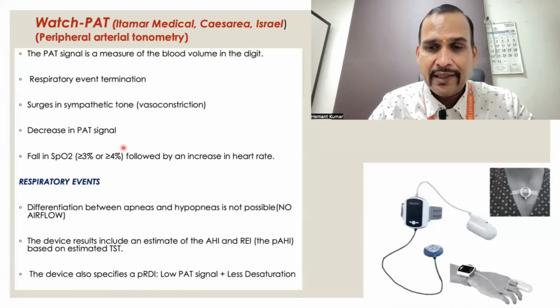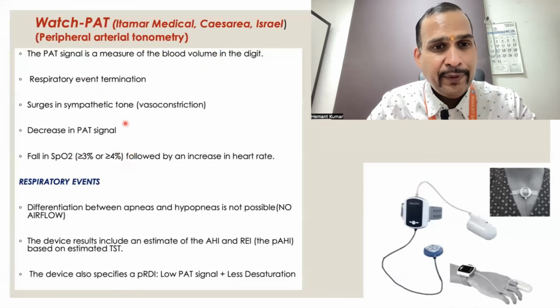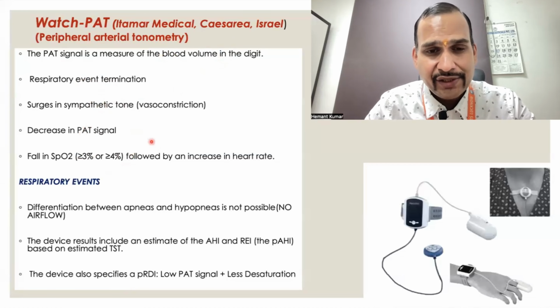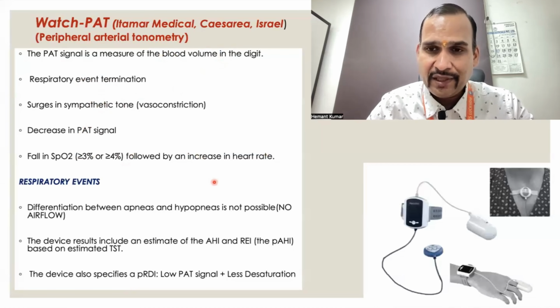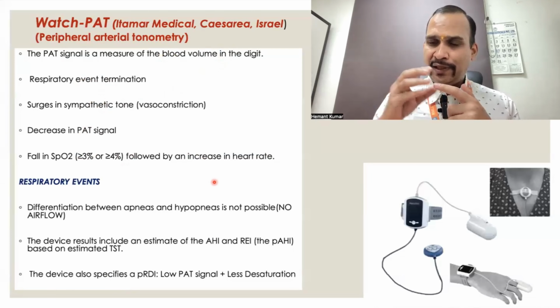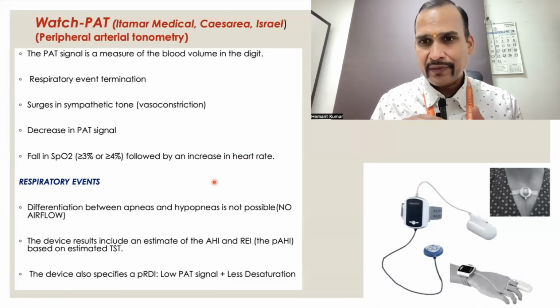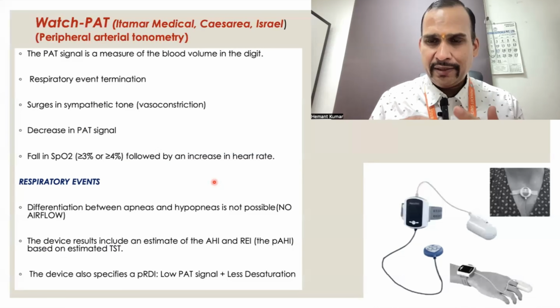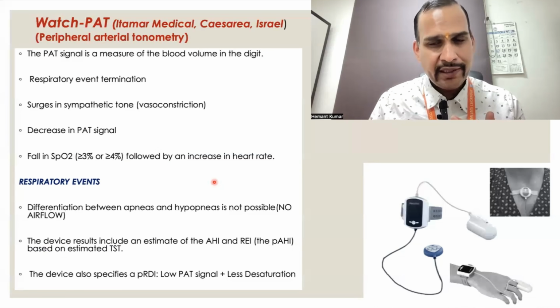When there is apnea, there is a fall in oxygen saturation, either 3% or 4%, and because of the adrenal rush, there's increased heart rate. So three things happen when apnea is there: reduction in blood flow because of sympathetic activity, increased heart rate because of sympathetic activity, and low saturation because of apnea.